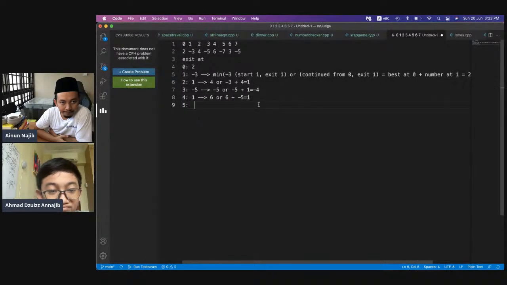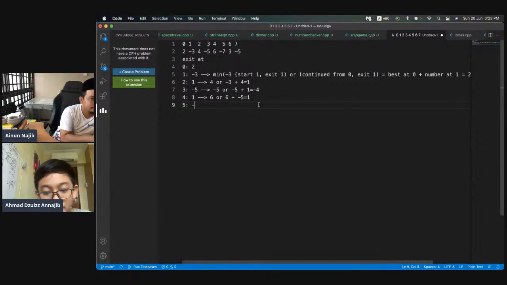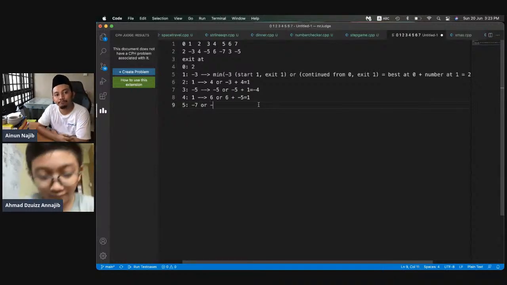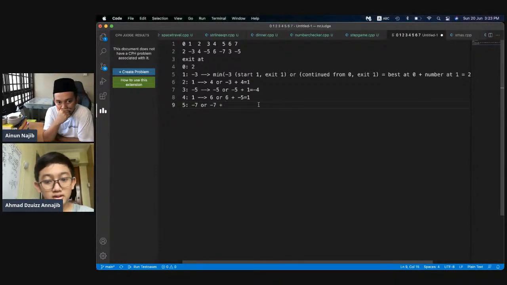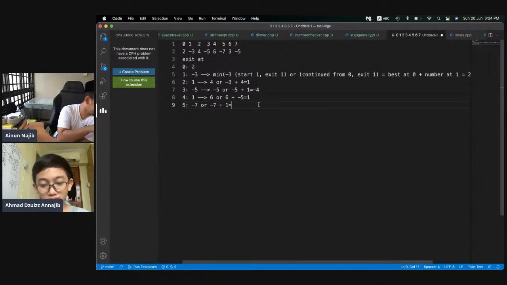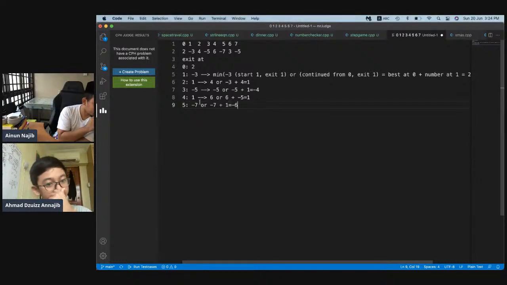And then 5, it's minus 7 or minus 7 plus 1, which equals minus 6. So minus 7.